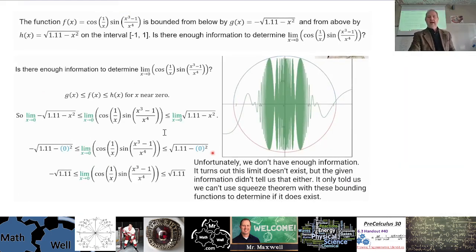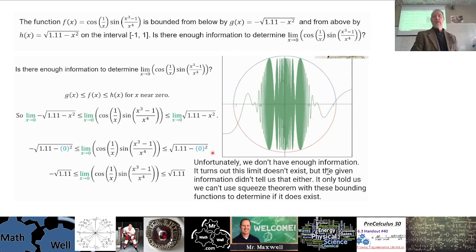So yeah, we have on the left a -√1.11 and on the right a positive √1.11. But because those are not the same values, so here would be positive √1.11 maybe up here and negative down here, we can't really say that the limit of this function is a certain value. We just know that it must be in between these two values.